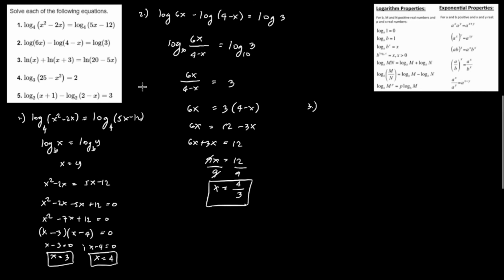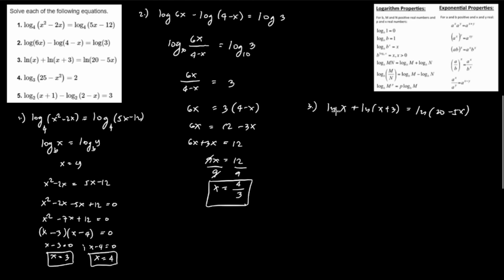Problem number 3: ln of x plus ln of x plus 3 is equal to ln of 20 minus 5x. Using the sum of logarithms, log of m with base b plus log of n with base b is log of mn with base b.